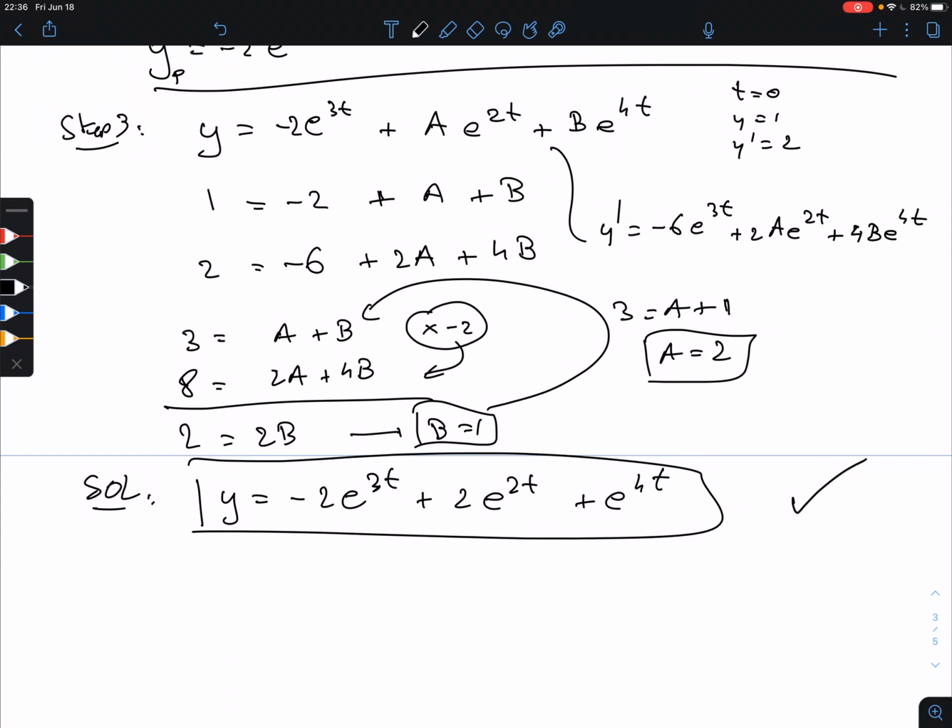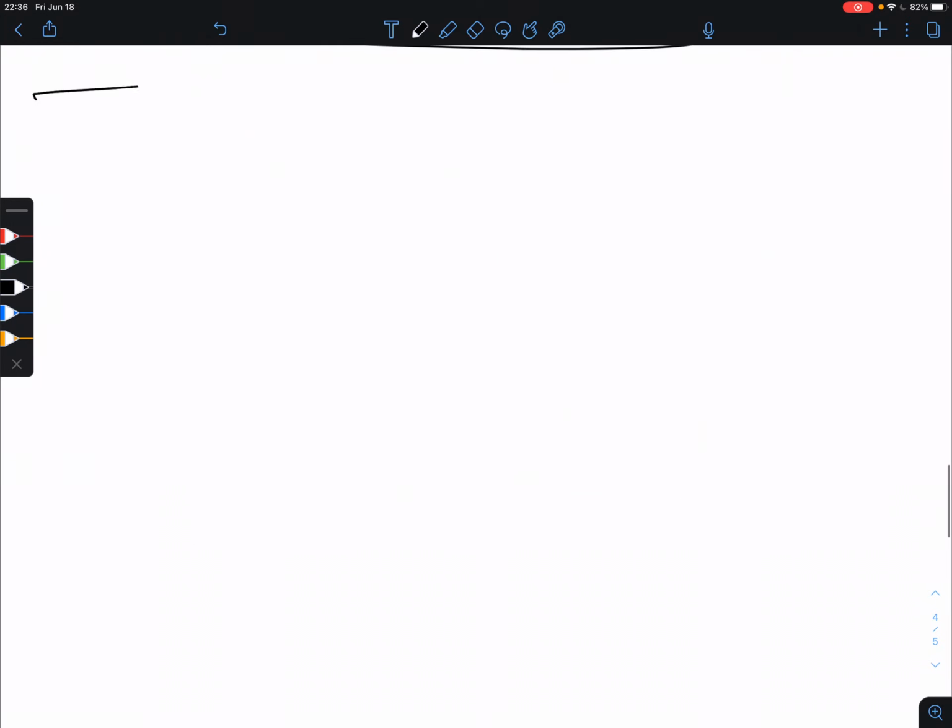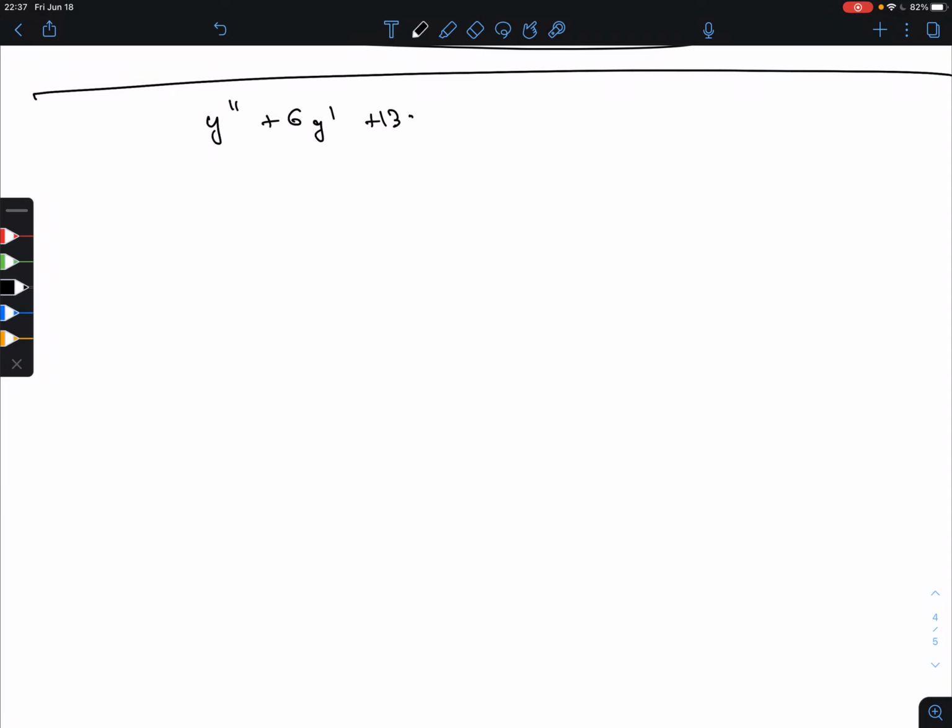Let me do some more questions, perhaps, just to get used to what I mean here. So I'm not going to spell it out anymore, but it's the same type of question. Like y double prime plus 6y prime plus 13y is f of t, and the initial conditions are y(0) is 1 and y prime(0) is negative 2.